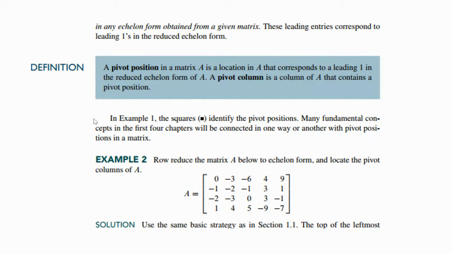A pivot position in a matrix A is a location in A that corresponds to a leading one in the reduced row echelon form of A. A pivot column is a column of A that contains a pivot position.